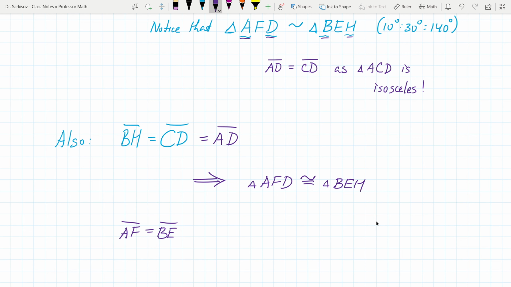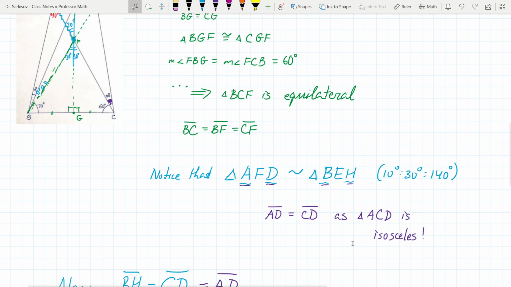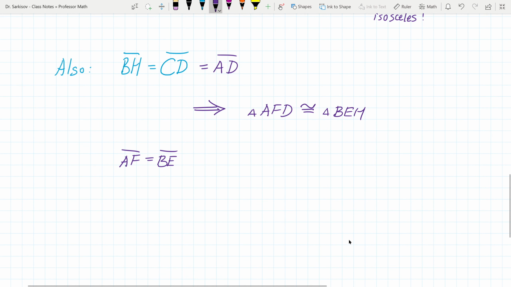Does that help us in any way? Let's see, AF is this long one right there, and BE is that one right there. There's also, and so this and this is also true, which is what? That FD or DF is equal to HE, or EH.